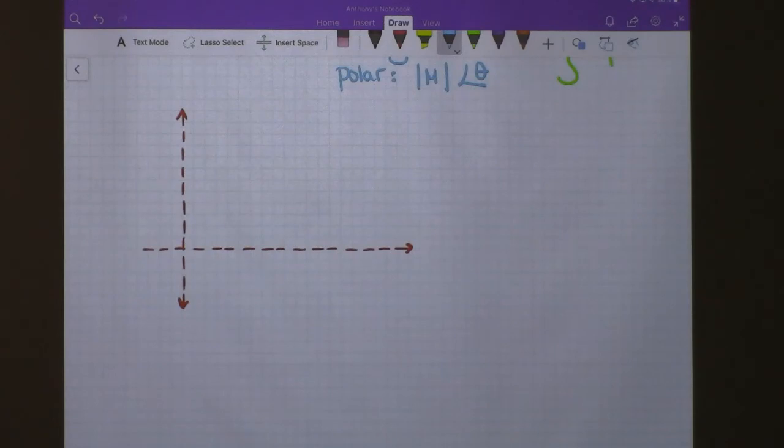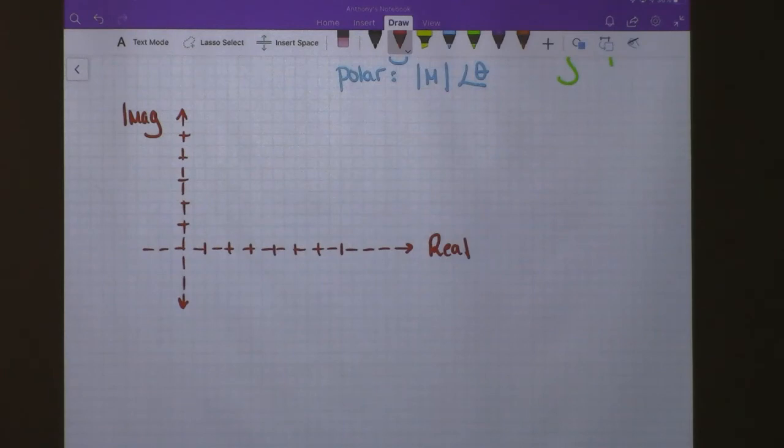So I'm going to call this the real axis. I'm going to call this the imaginary axis. And I'm going to go ahead and come up with an example. So this is 1, 2, 3, 4, 5, 6, 7. 1, 2, 3, 4, 5.